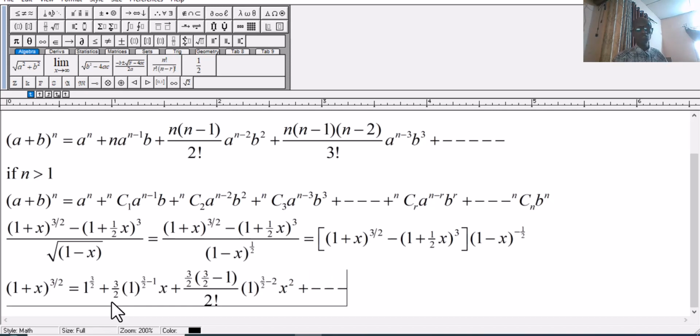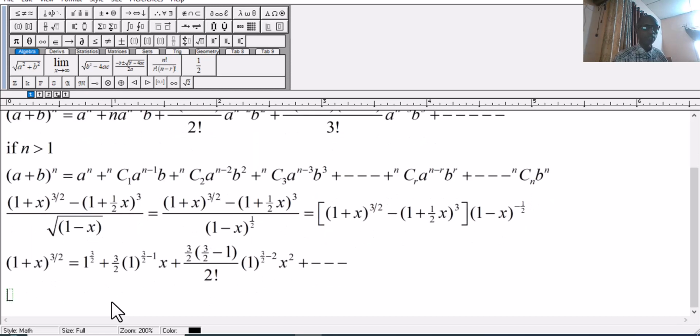Since we said we should ignore terms of x raised to the power of 3, we can ignore that. So we now have 1 plus 3 over 2 x.